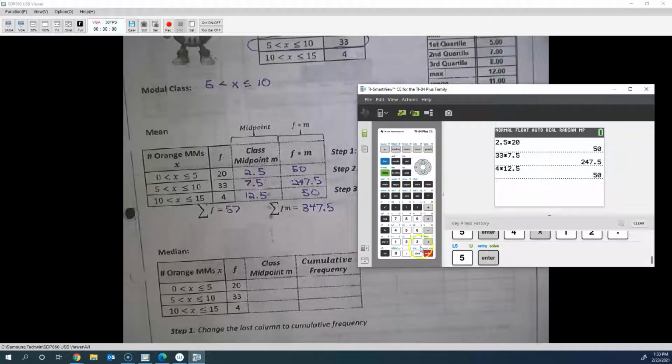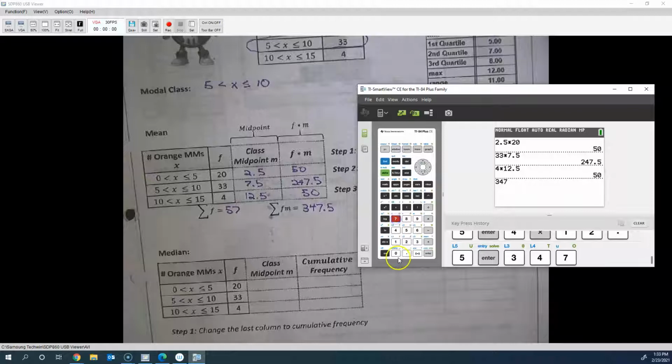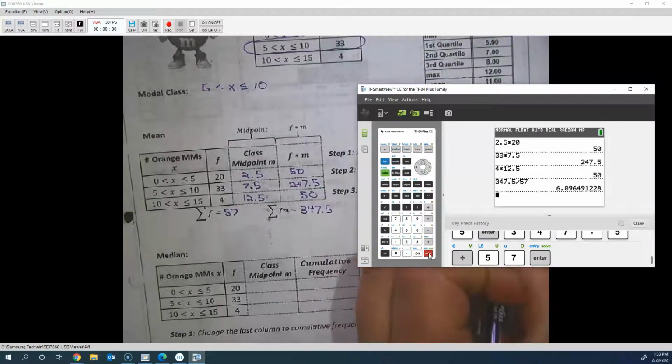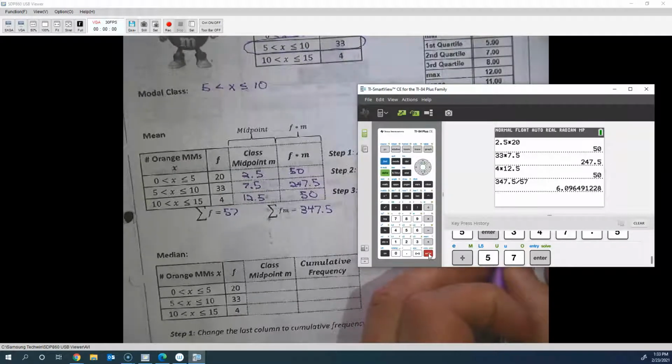And then we do that division. Divided by 57. If I went to 3 places, that's 6.096, about 6.10 oranges per pack.